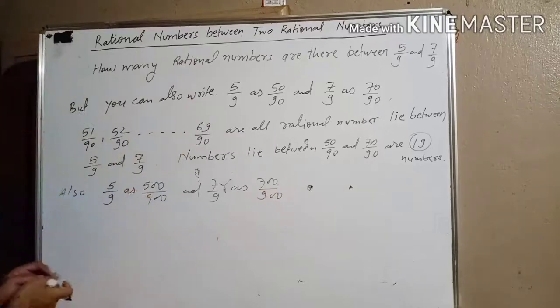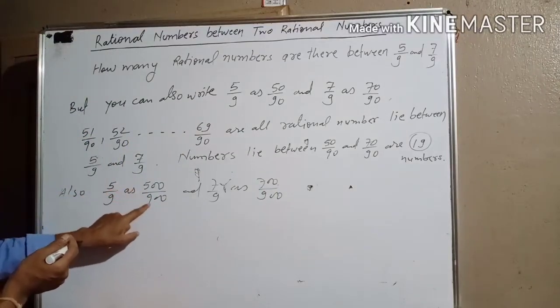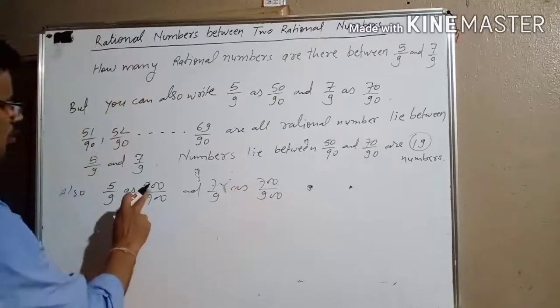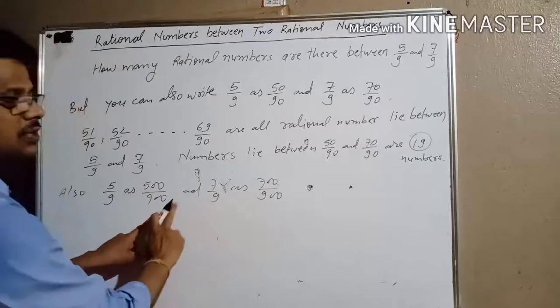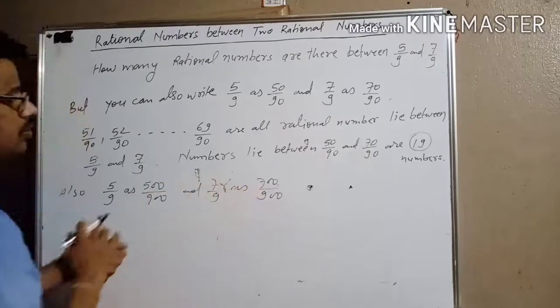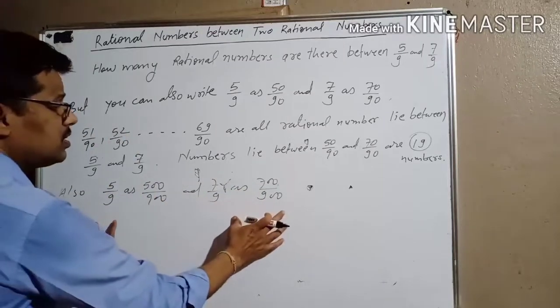Here in this case we are multiplying by 100. When you multiply by 100, you have 500 upon 900, and here 700 upon 900. Here also you will get how many numbers total? When you subtract this 500 from 700, what you get? 200. 200 minus 1. 199 numbers will lie between this.